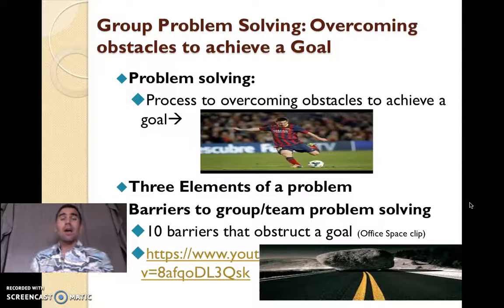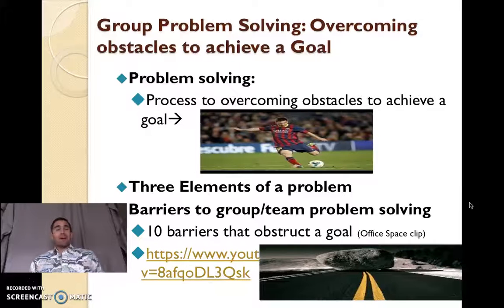Then we've got group problem solving: overcoming obstacles to achieve a goal. It's a problem-solving process to overcome obstacles to achieve a goal. Right here, what do we have? We have a soccer player trying to score a goal.